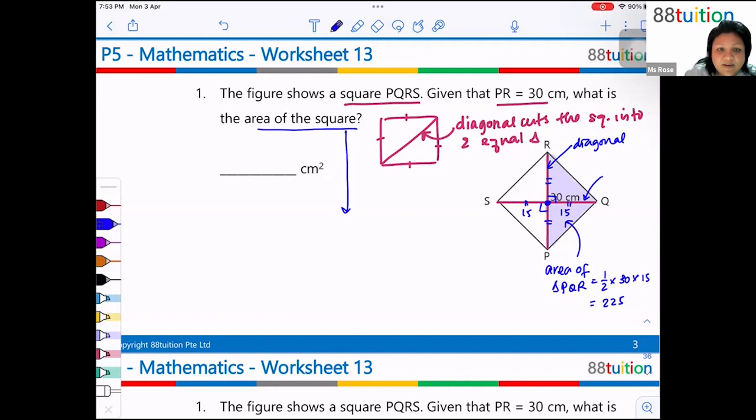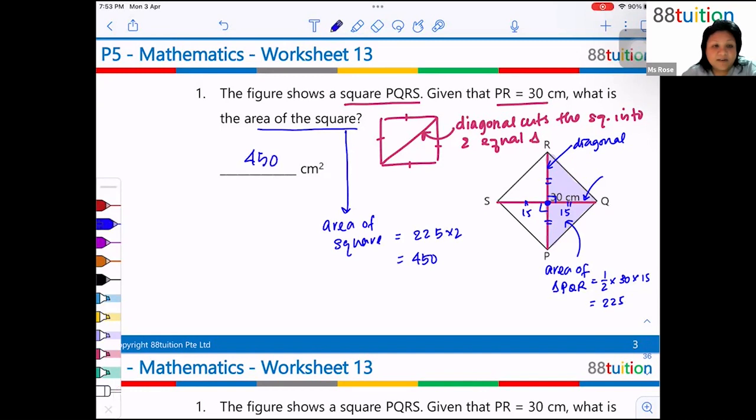How do you find the area of the square? 225 times 2. Okay, because we found one triangle, so the entire square will be 450 cm squared.